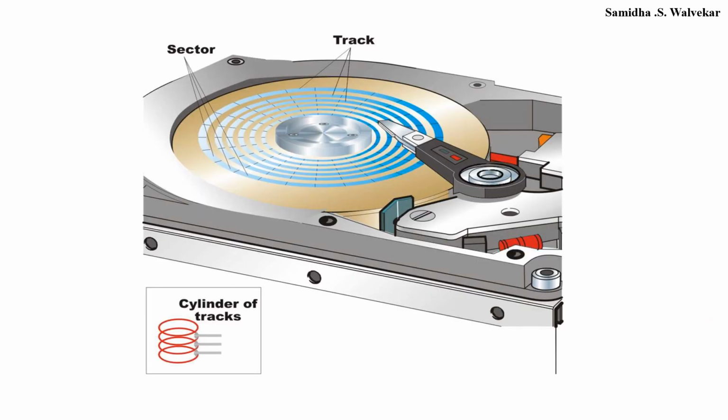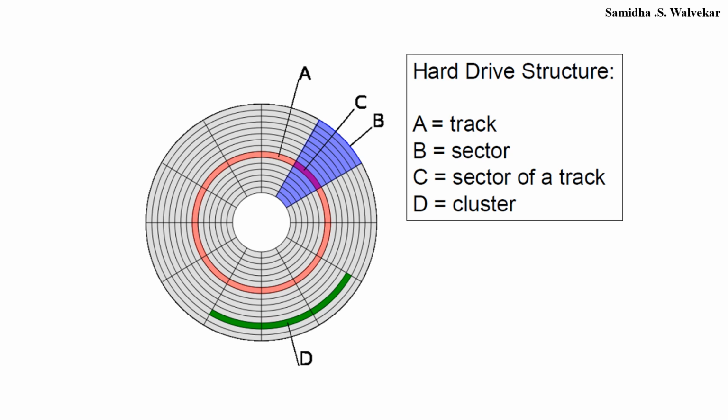So this is diagrammatic representation of sectors and clusters. As we can see, the tracks are cylindrical or circular in shape. We'll see it in next diagram. In this image, track, sector and cluster are shown on the hard disk. It is a structure of a hard disk.